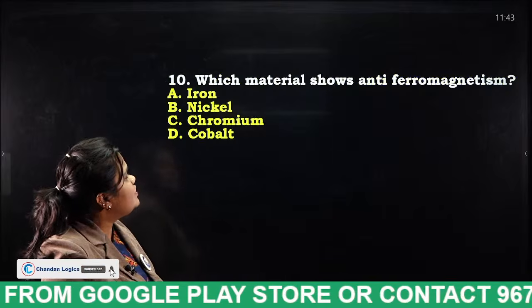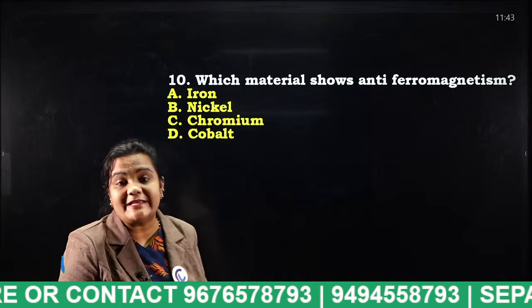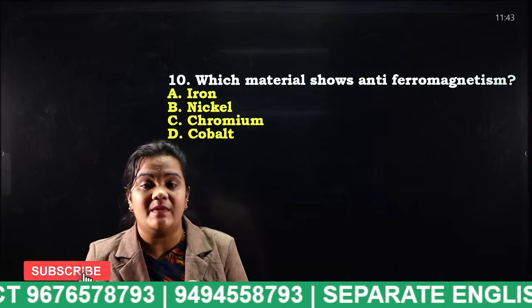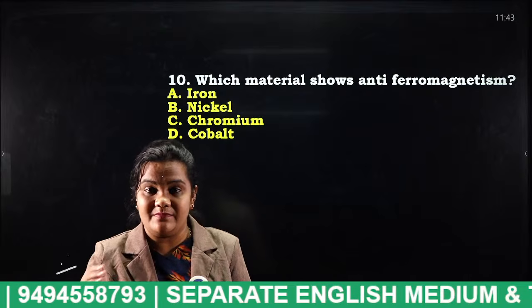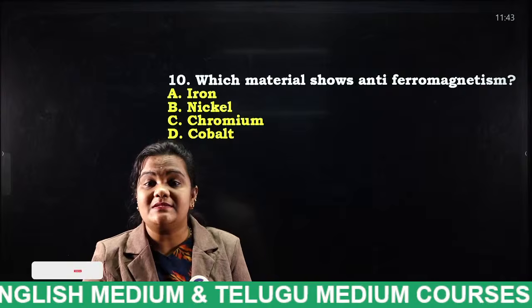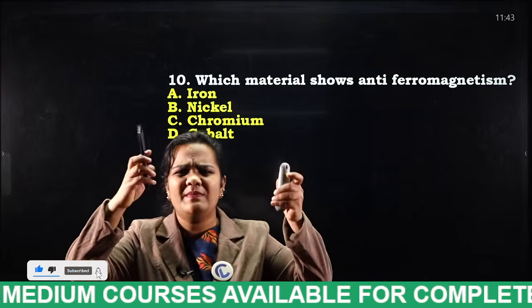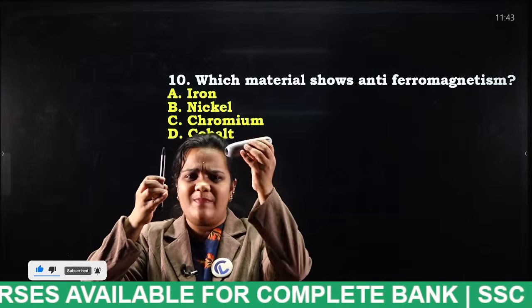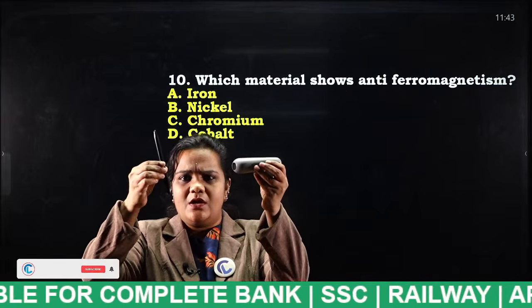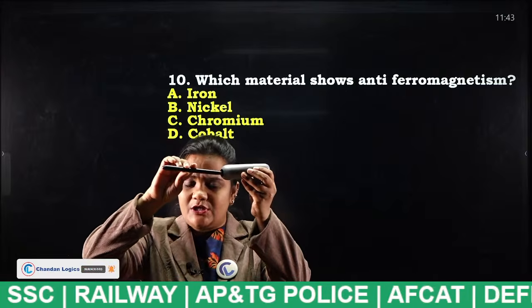Which material shows antiferromagnetism? Iron, nickel, chromium, cobalt. I have already explained what antiferromagnetism is. Antiferromagnetism means the magnetic moment takes place oppositely. What do you mean by oppositely, students? So this is a magnet and this is an object. The magnetic moment is not aligning and it is not attaching to the magnet.